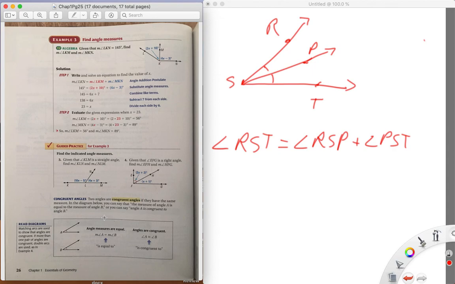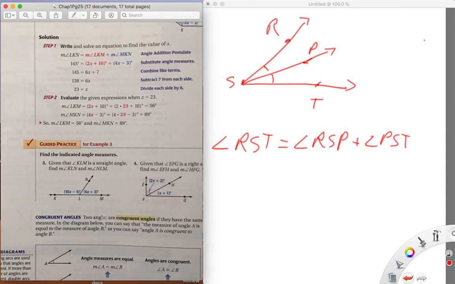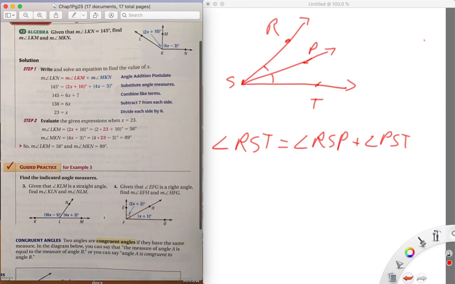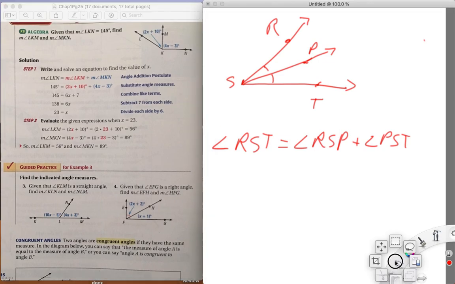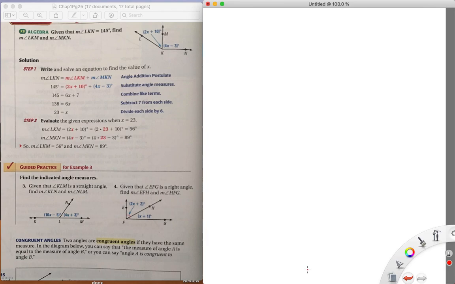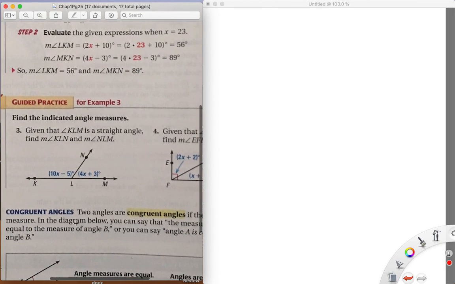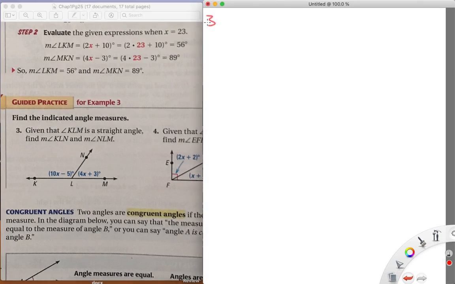Alright, so knowing that they sum up to the main angle, we can use the angle addition postulate to find the angles. So looking at this guy, we're told that it's a straight angle for number 3. Right?